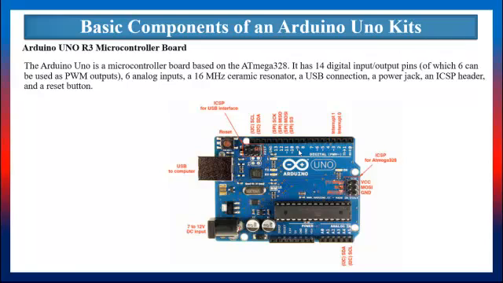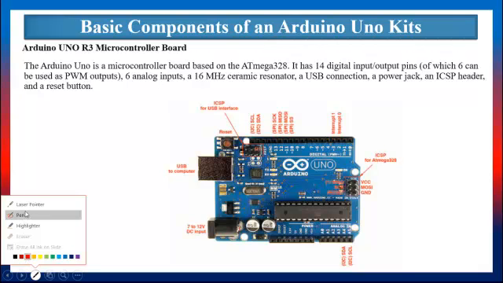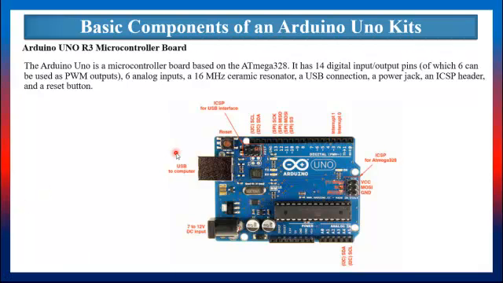As you can see in the diagram, we have 7 to 12 volts DC input, and then the USB to computer where we upload the program, and then we have the reset button. We also have the ICSP, which is the in-circuit serial programmer, and then we have the I2C, which is the inter-integrated circuit serial clock, and then that of the serial data pin. You can see them there.